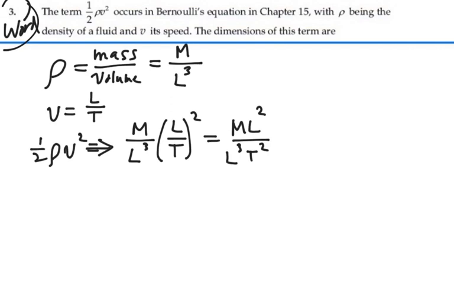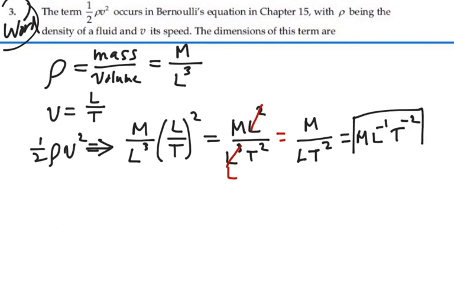In terms of the length squared and the length cubed, we'll be left with just length there. And then this would be mass over length times time squared. Or I could write it as mass length to the -1 time to the -2.